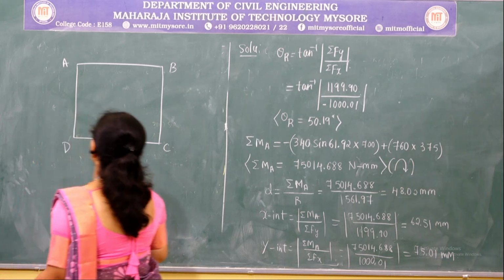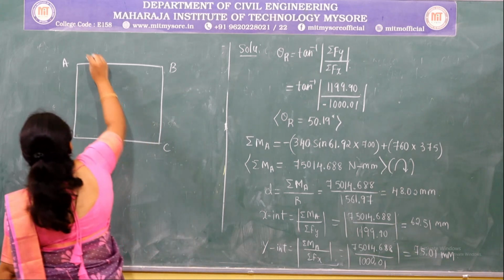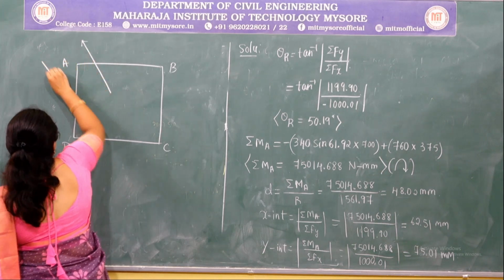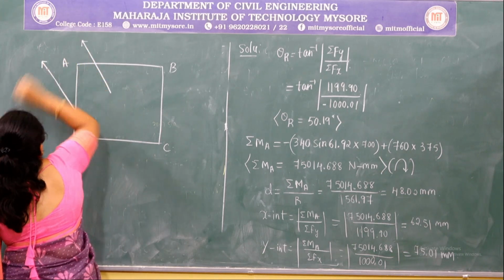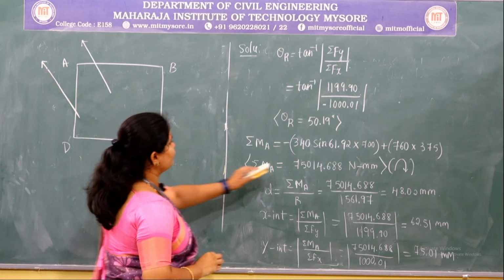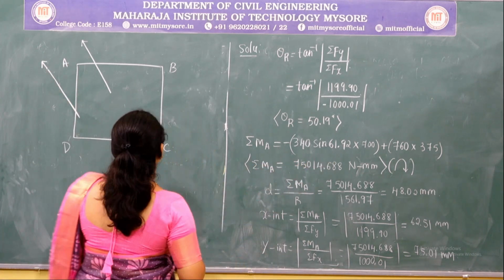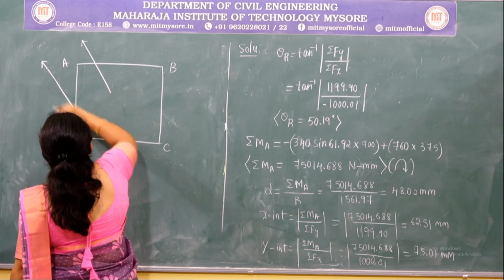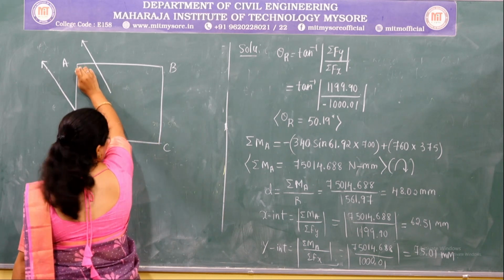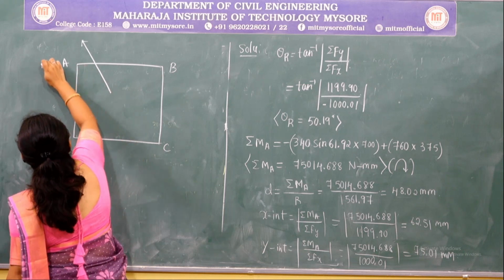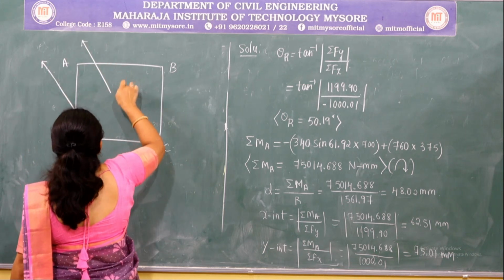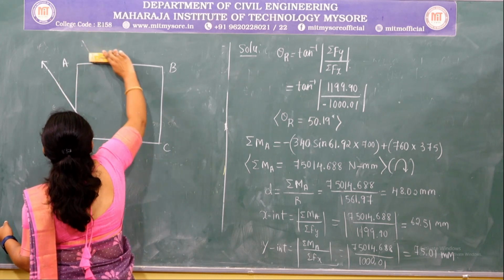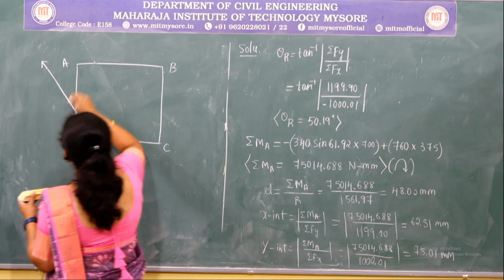That means the direction of the resultant is going to lie in the second quadrant. So it may be this or this, and we got the value of the moment as clockwise. That means the considered direction should produce a clockwise moment about A. So this force is going to produce a clockwise moment about this point A. So let us consider this.